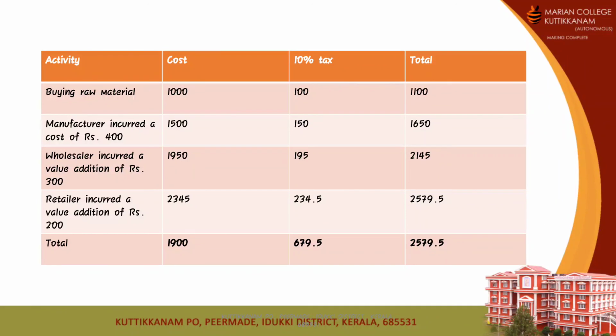So he adds rupees 300 to the cost of the product, and he charges 10% tax on this amount, that is 1950 rupees, which includes the value addition and the cost of the product. So the tax amount comes to rupees 195.